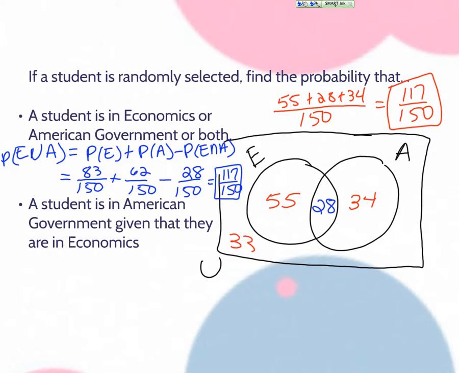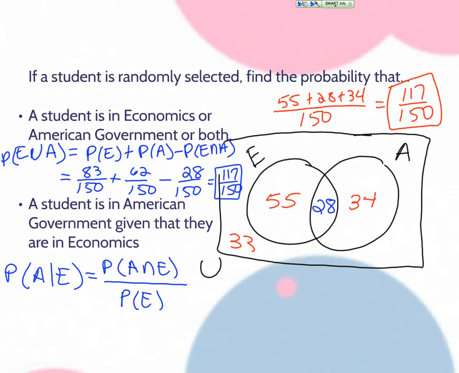All right. So then, what's the probability that a randomly selected student is in American government given that they are in econ? So we are going to use our symbols, American government, given that they are in econ, using that little vertical line. So then the probability using the formula was the probability of the intersection of government and econ, divided by the probability that they are in econ.